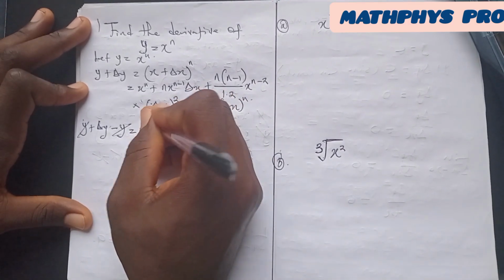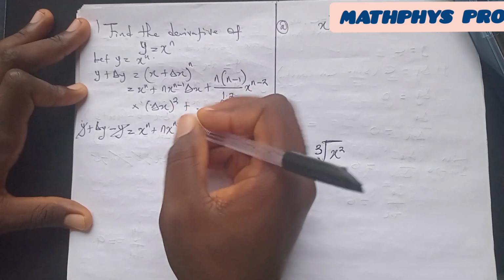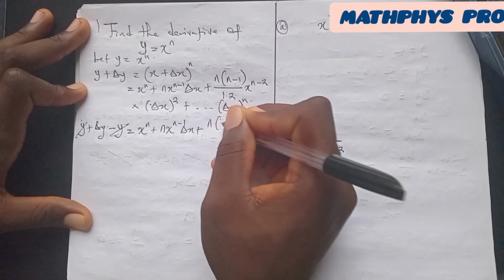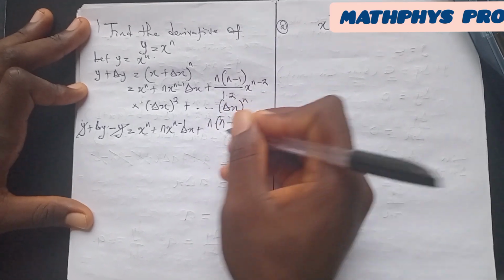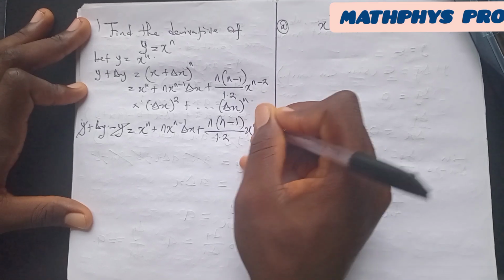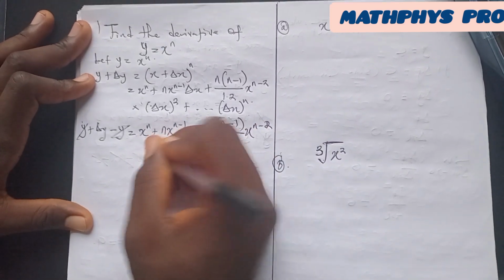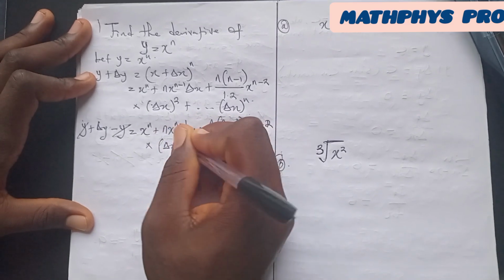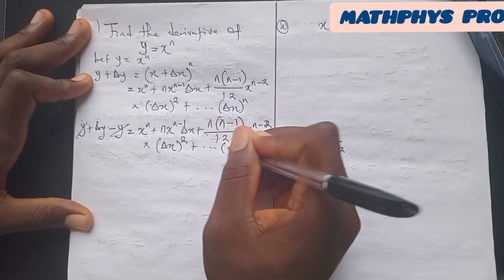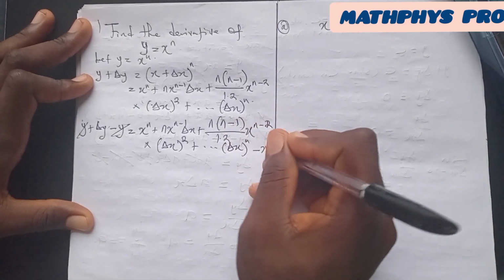x raised to the power n plus n x to the n minus 1 change in x plus n(n minus 1) divided by 1.2 x raised to the power n minus 2 times change in x raised to the power 2 plus change in x raised to the power n minus x raised to the power n.